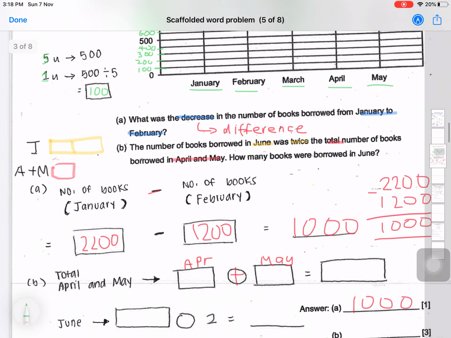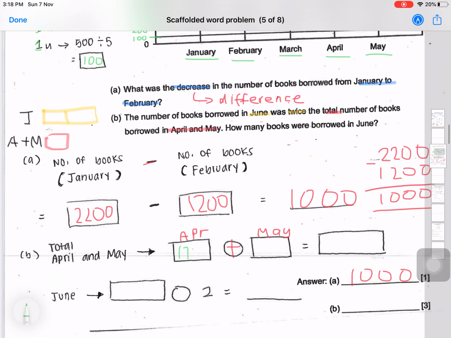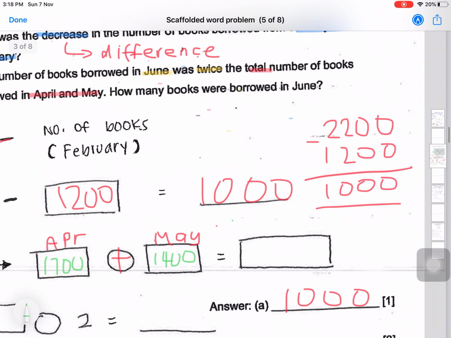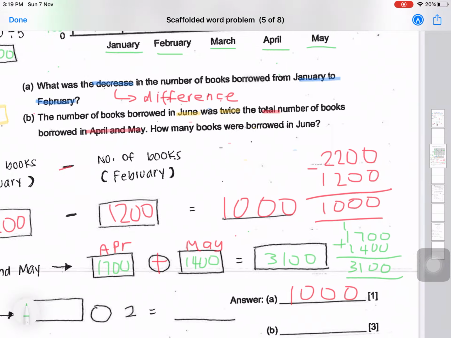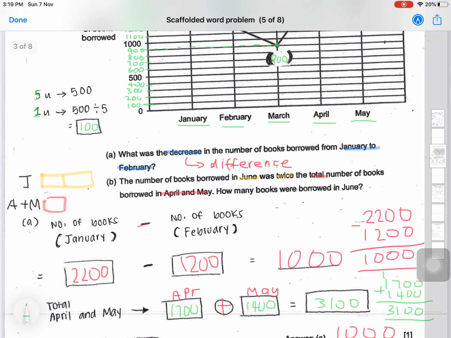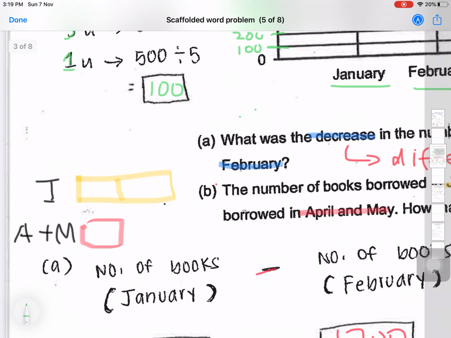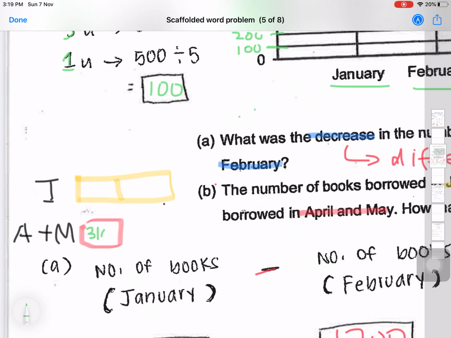So let's add 1,700 for April, 1,400 for May. Now let's do workings. So the total number of books borrowed in April and May is 3,100.